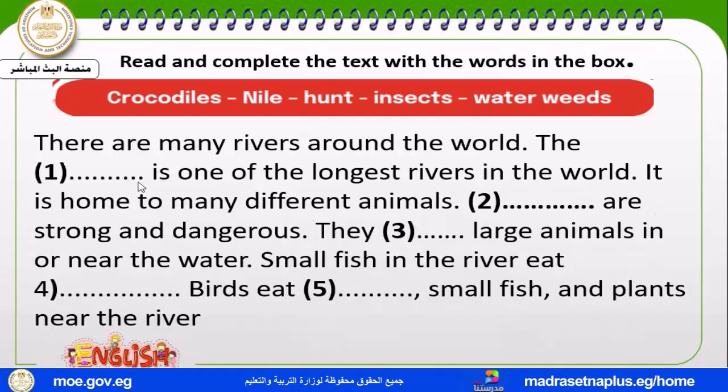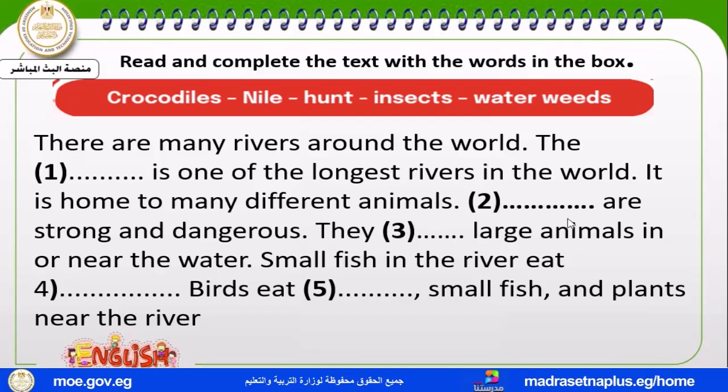What is this text about? The text tells us that there are many rivers around the world. There is one of the longest rivers in the world. It's home to many different animals, are strong and dangerous. So what's strong and dangerous in the Nile River?